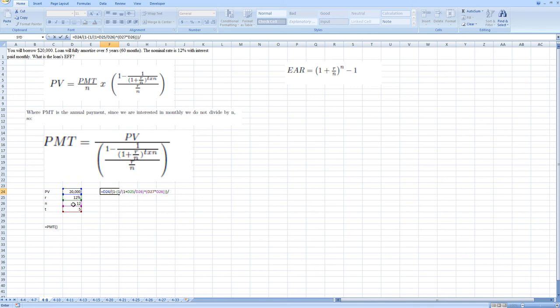Then we have to divide by r divided by n.